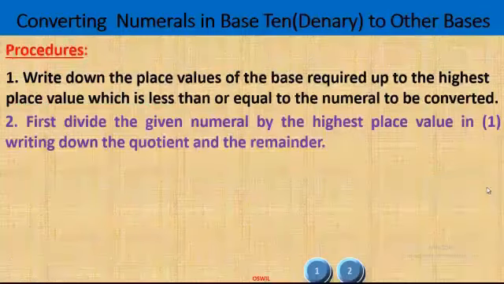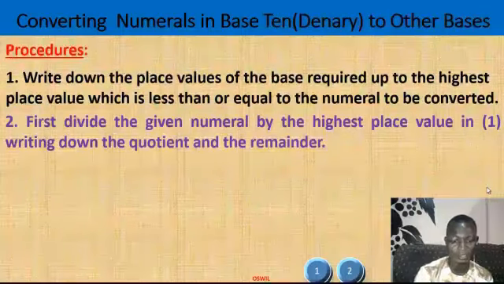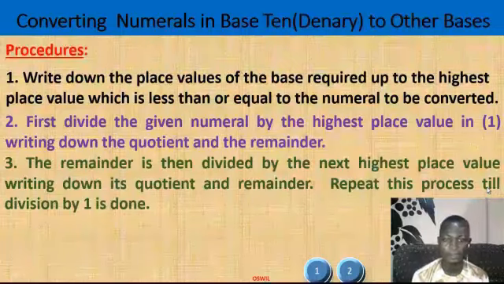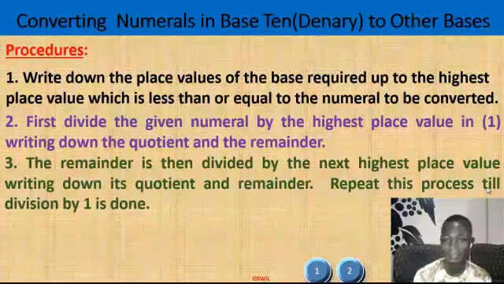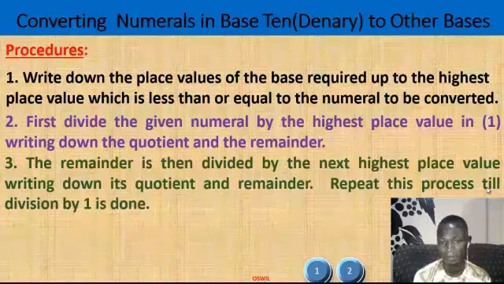Now we move on to our next point. It says that the remainder is then divided by the next highest place value, writing down its quotient and remainder. Repeat this process till division by 1 is done.